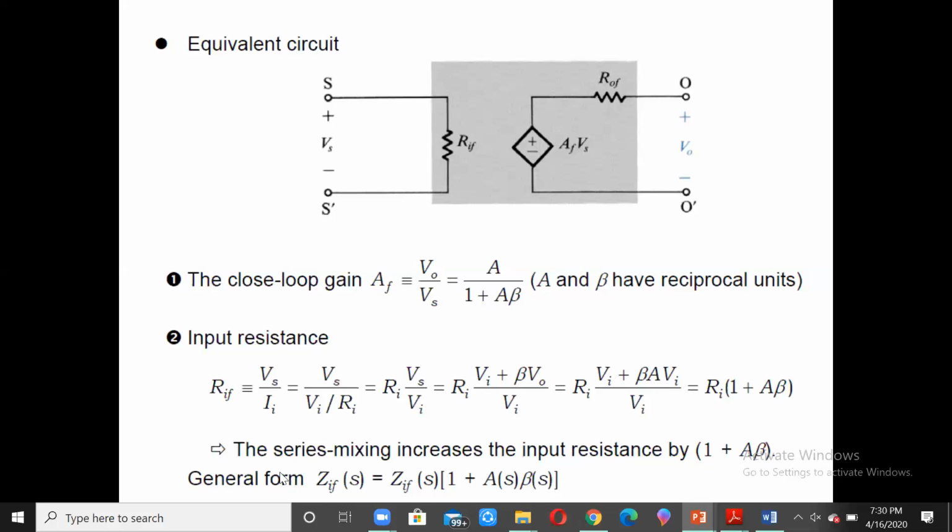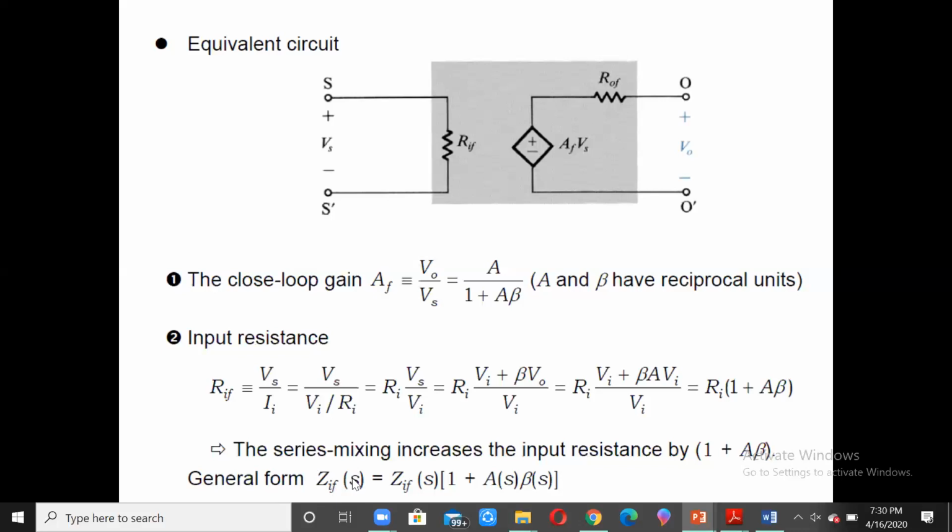So the general form for this is, if we have written here resistance, we can generalize it to the impedance, which is dependent upon the frequency over here. S is nothing but j omega.